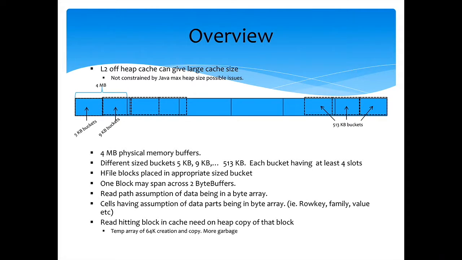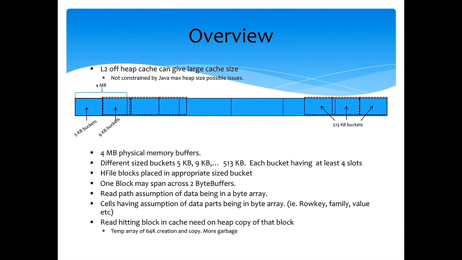The figure shows how the bucket cache is arranged. In the bucket cache, there is a logical split of the entire memory area into different buckets. The GBs of memory are split into 4 MB chunks, nothing but byte buffers, and logically split into different sized buckets.